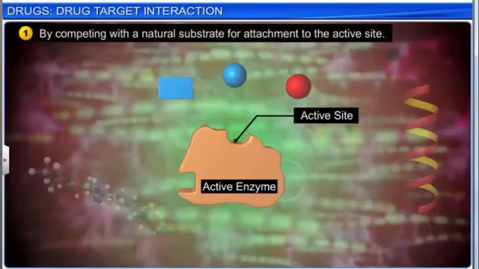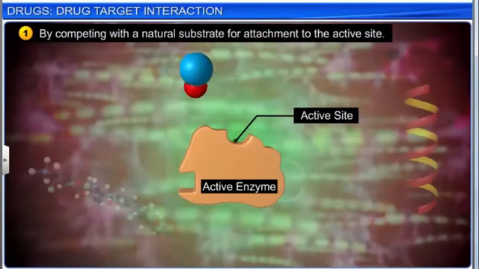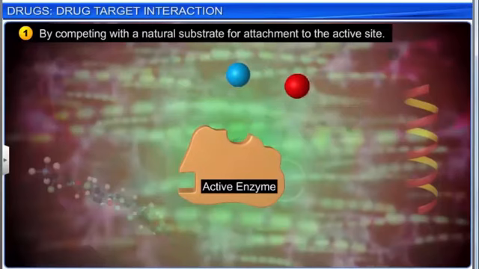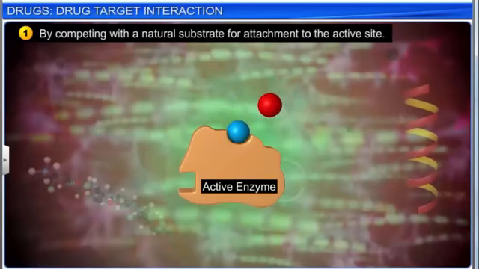One way is by competing with a natural substrate for attachment to the active site. Such drugs, known as competitive inhibitors, block the binding site to prevent a substrate from binding to the enzyme.